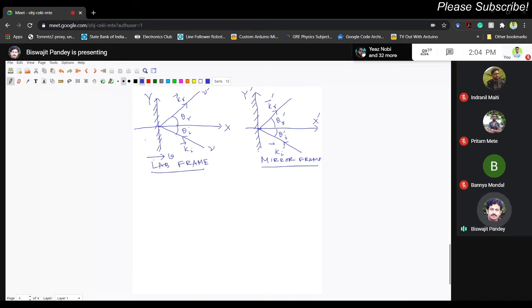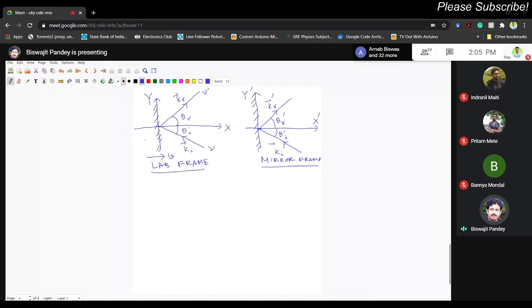So your job is to calculate these primed quantities in terms of the unprimed quantities. Sometimes nu and nu prime could be confusing. You may also use nu I for incident and nu R for reflected.